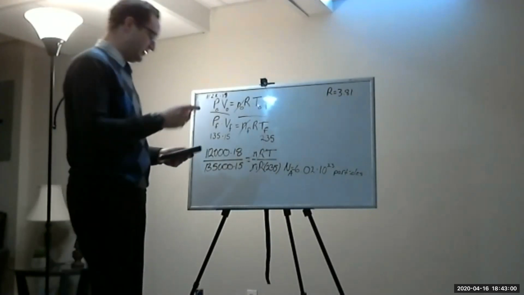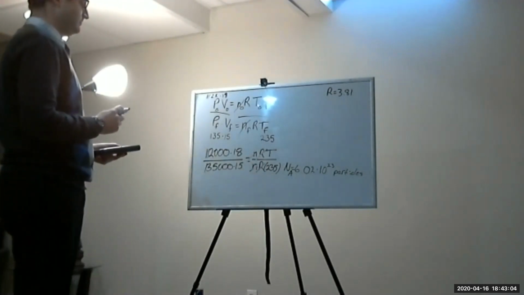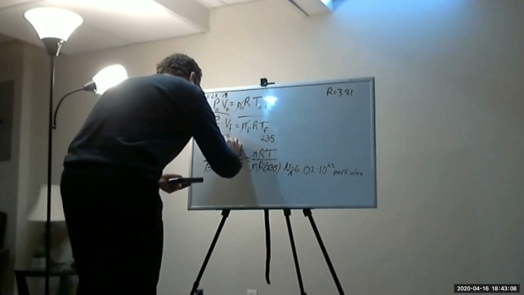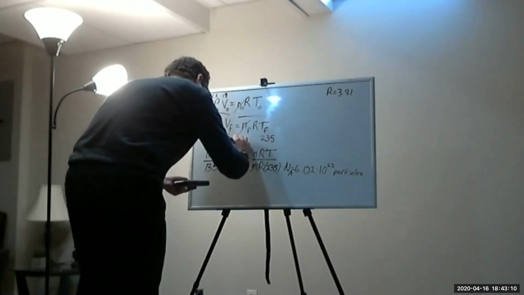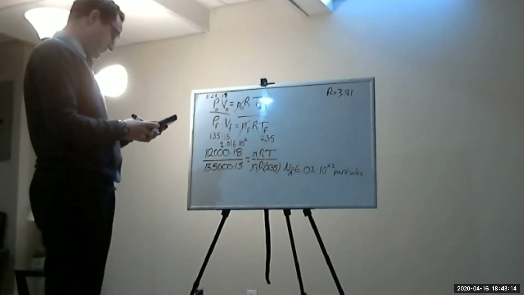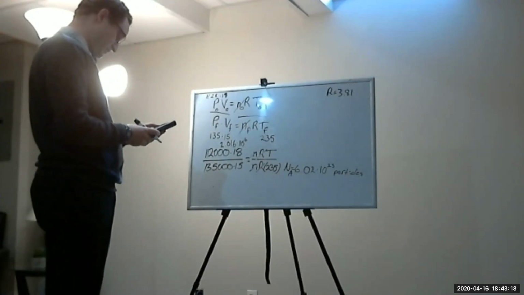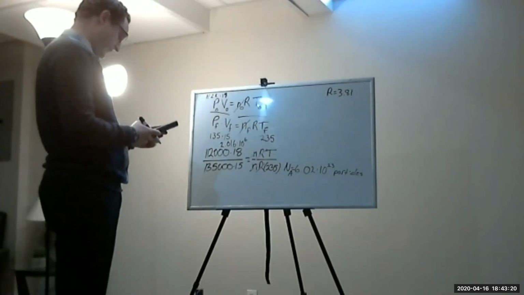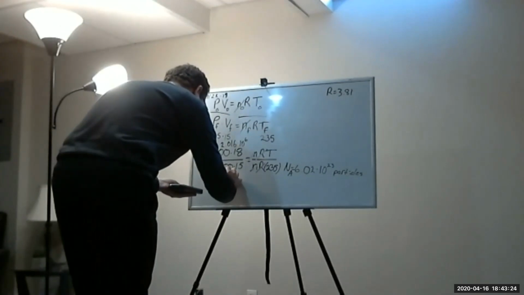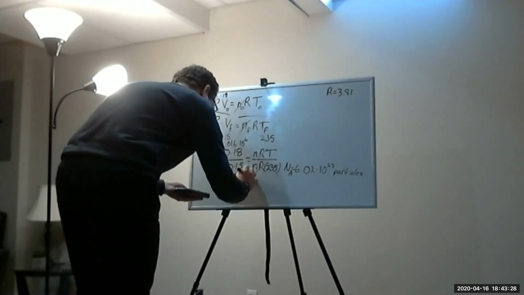So the top gives me 2.016 times 10 to the 6th. Bottom gives me 2.025 times 10 to the 6th.